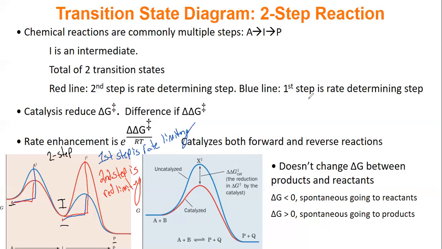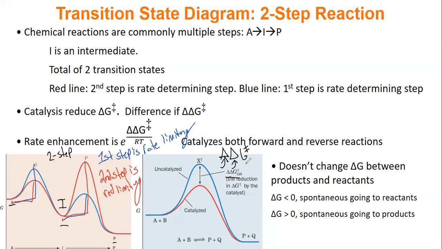Again, mentioning on our next plot to the right of that, catalysts. Like I said on the previous slide, all catalysts do is that they lower delta G double dagger. And the amount that they lower that by has a weird name. We call it delta delta G double dagger, because it's the change of delta G double dagger.